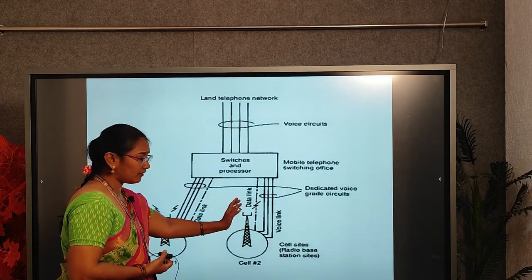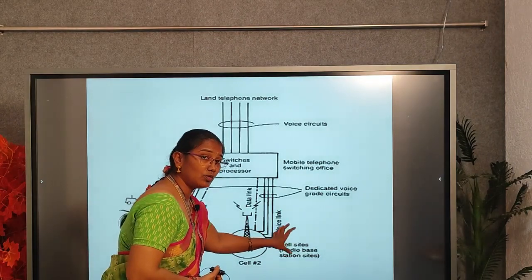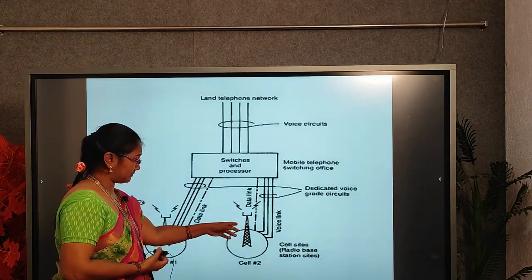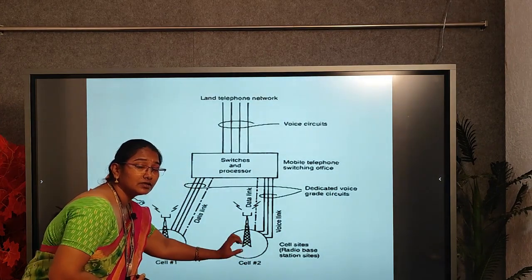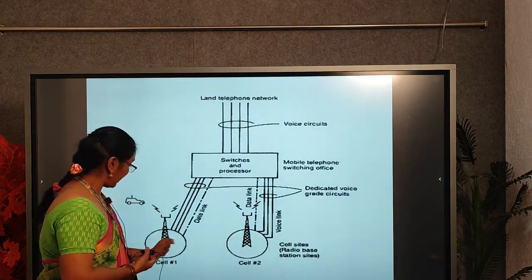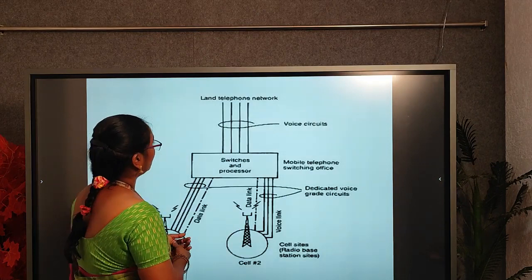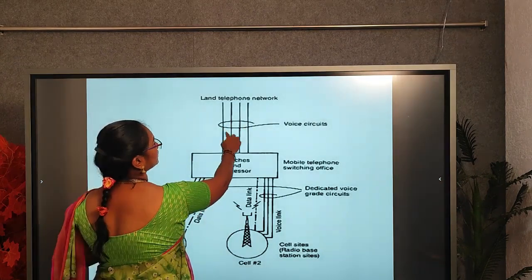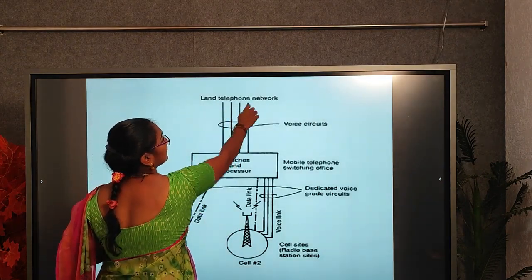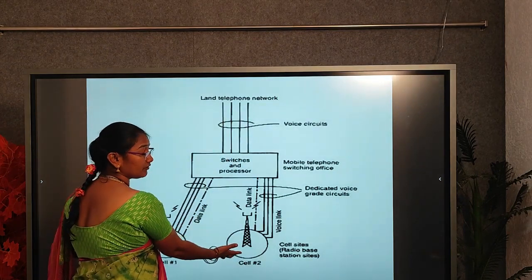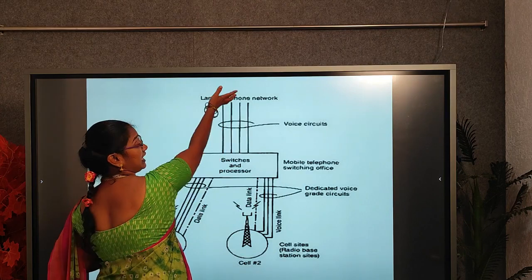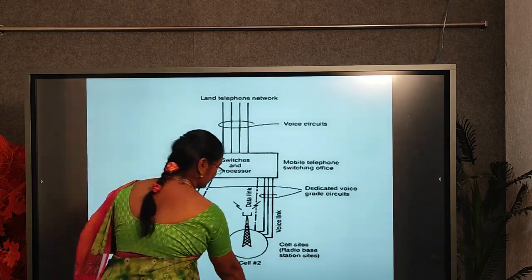Compared to this, voice links are more and data links are very few. This circle is the coverage area. Here voice circuits are connected to the landline telephone networks. That means a connection from cellular mobile phones to landline connection.